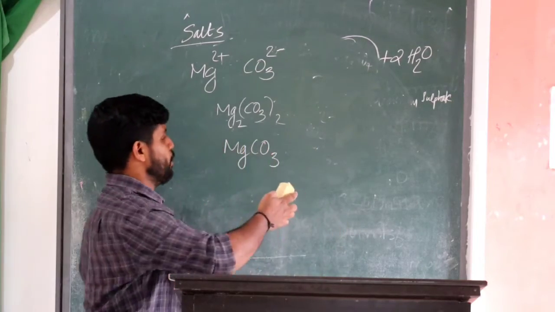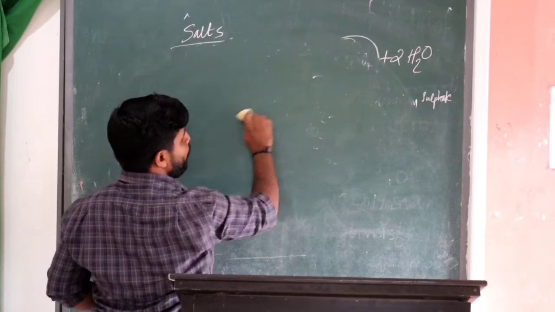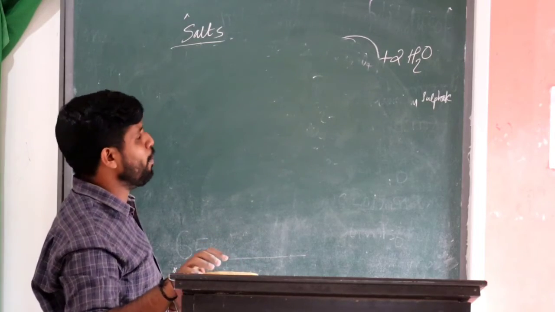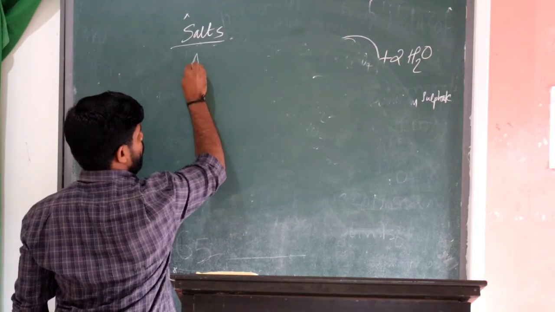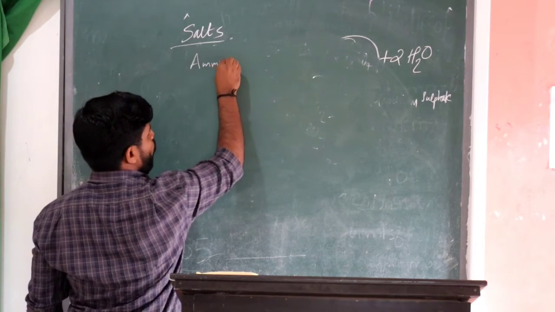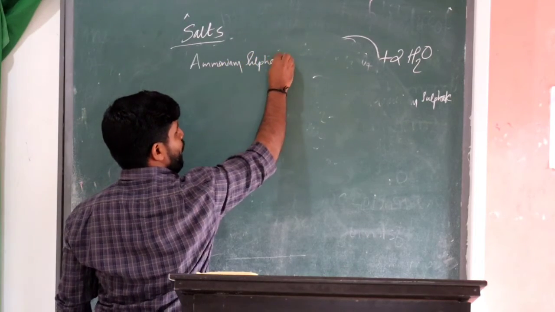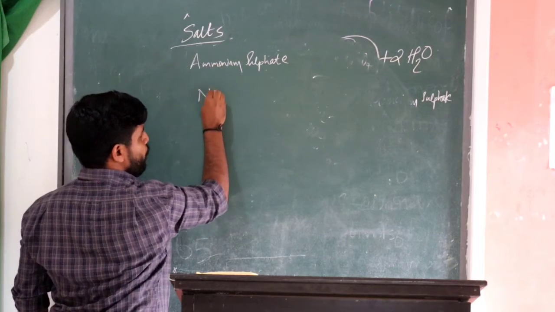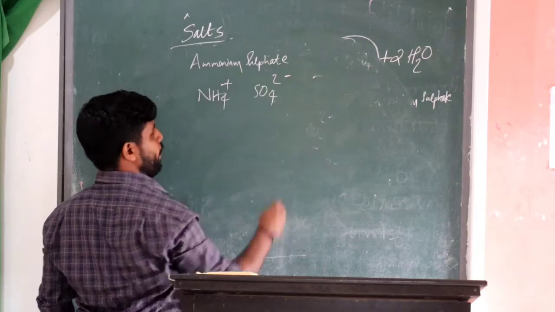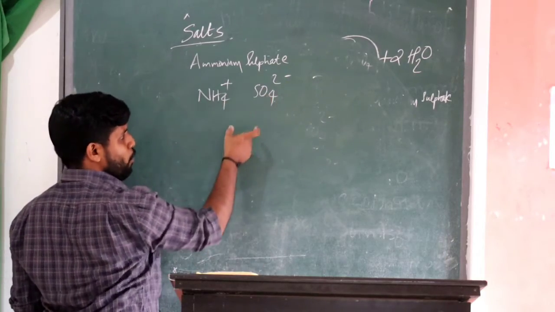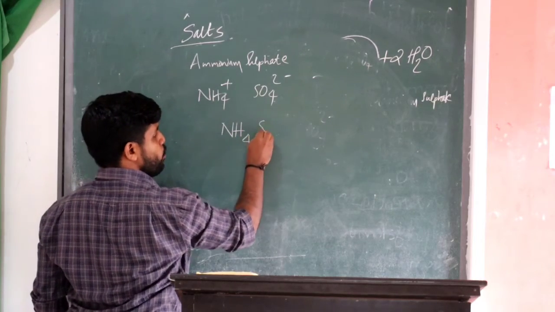Okay, one more example I will explain. One more salt, ammonium sulfate. That means you want to write the chemical formula of ammonium sulfate. So ammonium, NH4+, that is the ion, and sulfate, SO4 2-. Then write the positive and negative ion without the charge, NH4 and SO4.